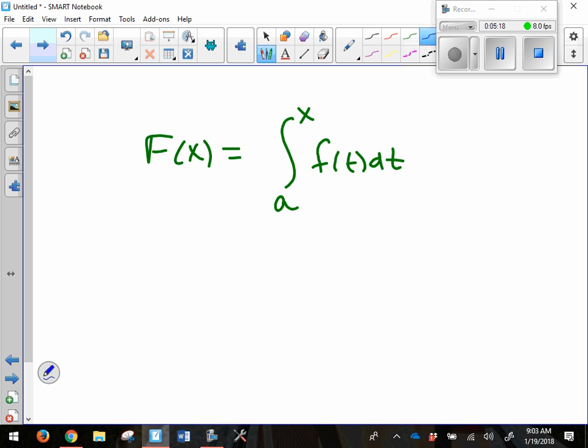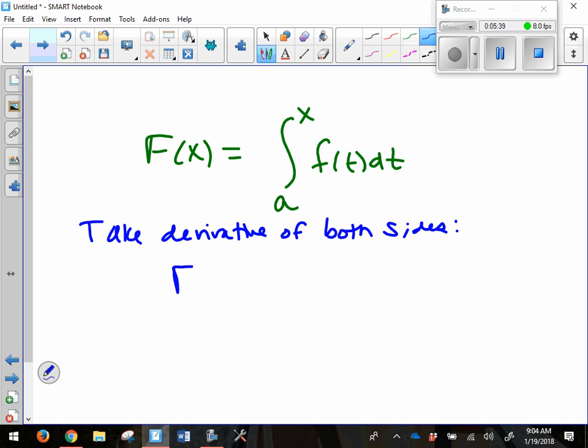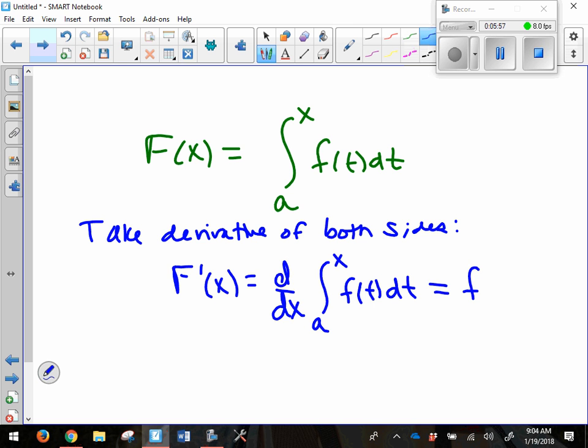And so if I take the derivative of both sides, I'm going to get F prime of x equals d by dx of the integral from a to x of f of t dt, and it's this thing that's equal to f of x.